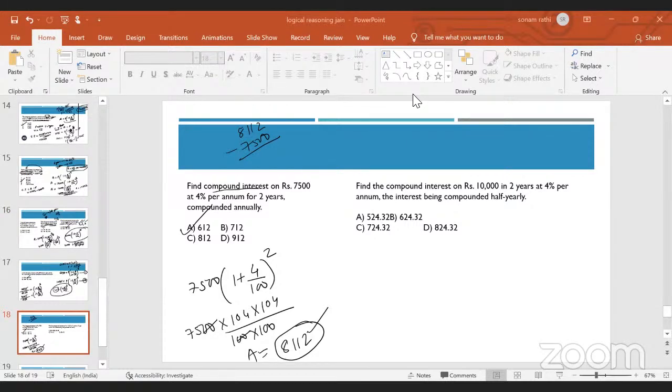Second one, 10,000 bracket 1 plus R. 4% for a full year. So for half a year, it will be 2. And in 2 years, how many half years are there? In 2 years, how many half years are there? 4 half years? Yes. So 4.